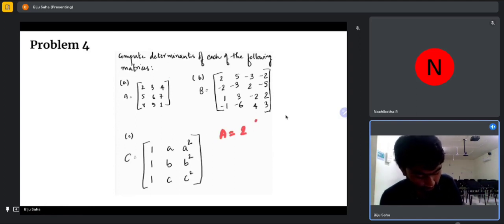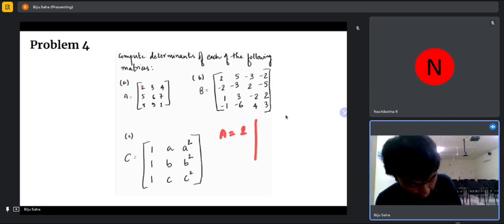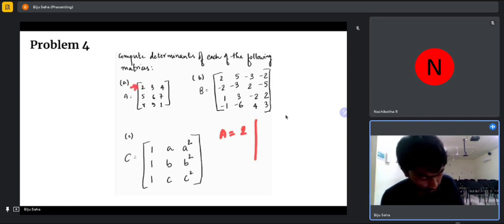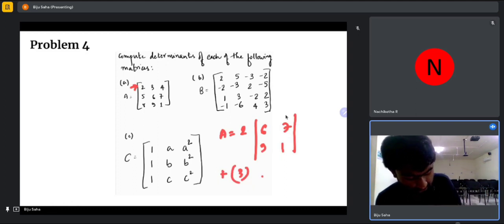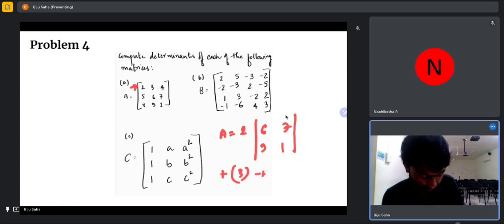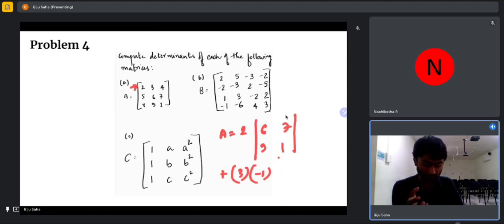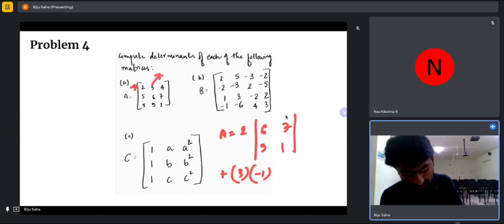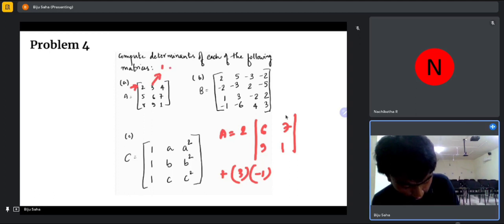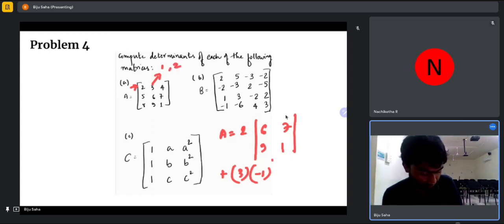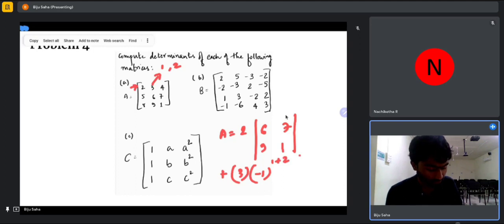Pick up the first row, so 2, 6, 7, 9, 1, that is one way of calculating the determinant. The approach is based on i plus j, that is, which element you are picking up and which row and column it is present in. This element 3 is present in row number 1, column number 2, so i plus j is 3. So there comes an additional negative sign, which we'll take care of later.